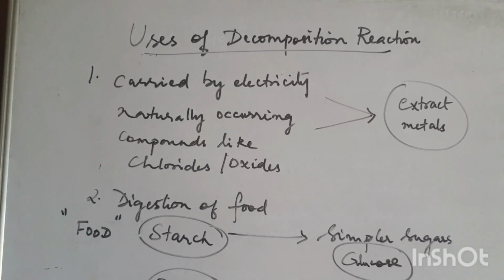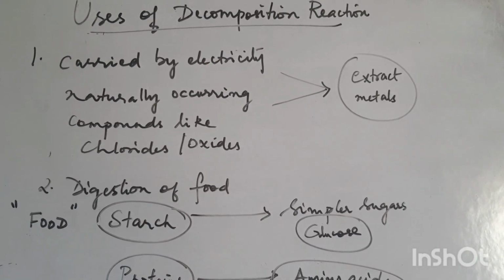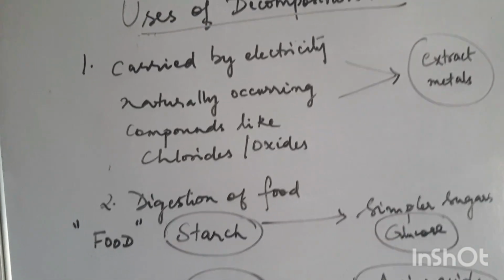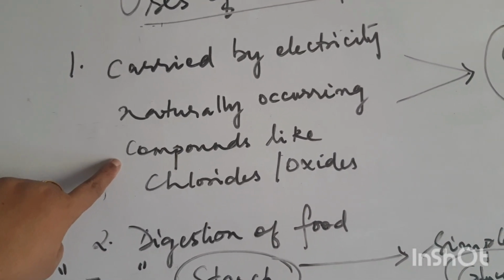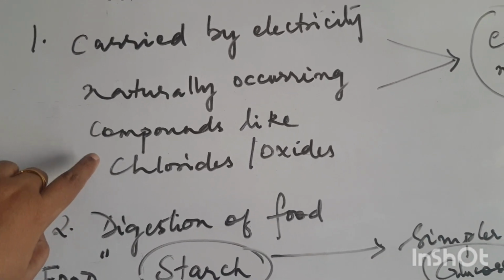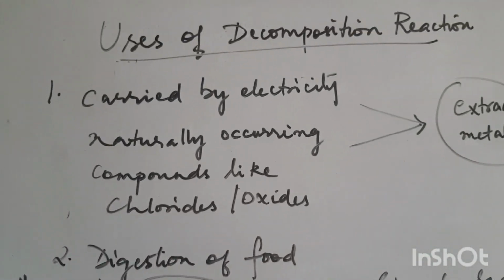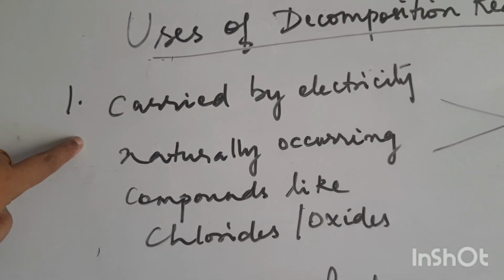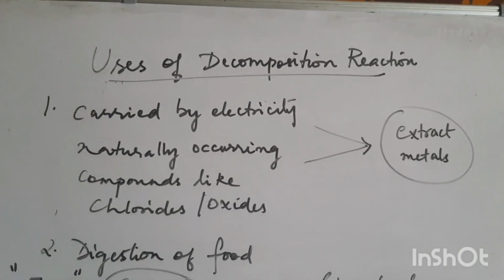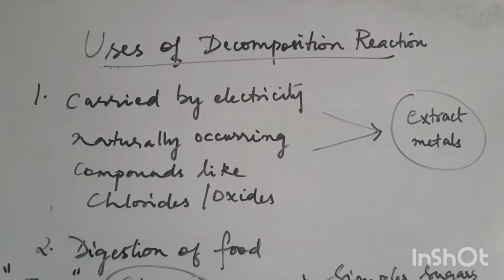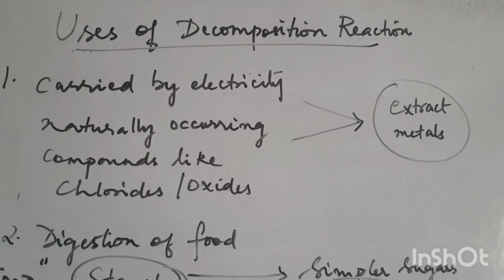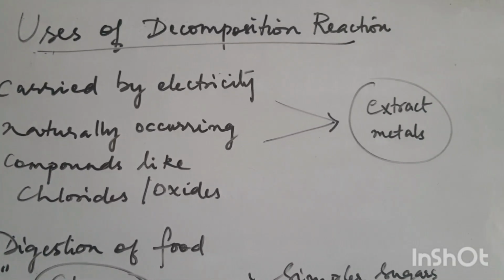Now let's see the uses of decomposition reaction. The first one is that naturally occurring compounds like chlorides and oxides, in the presence of electricity, can be decomposed to extract metals.